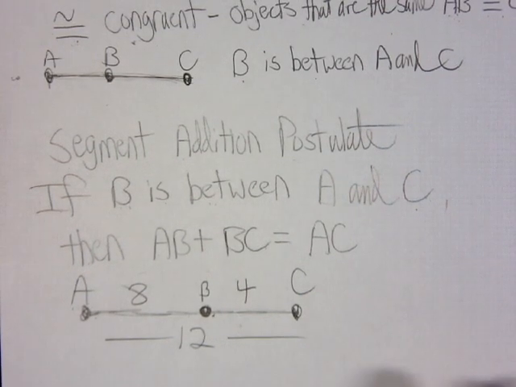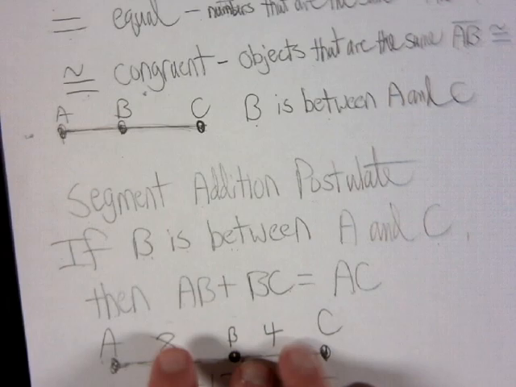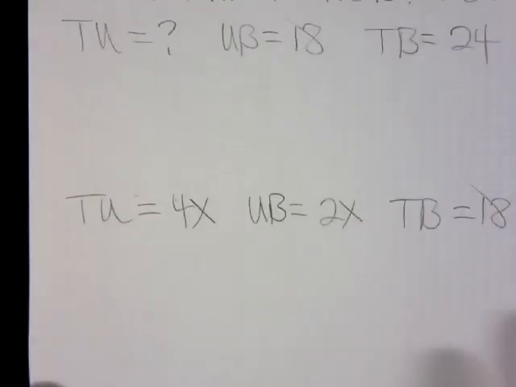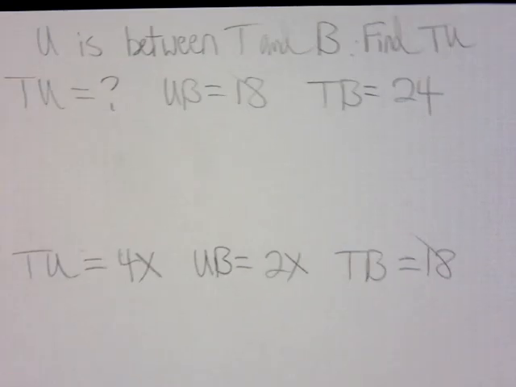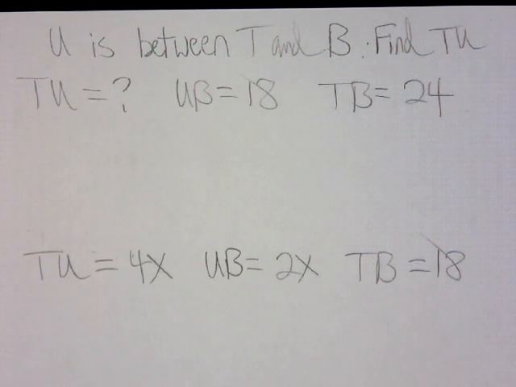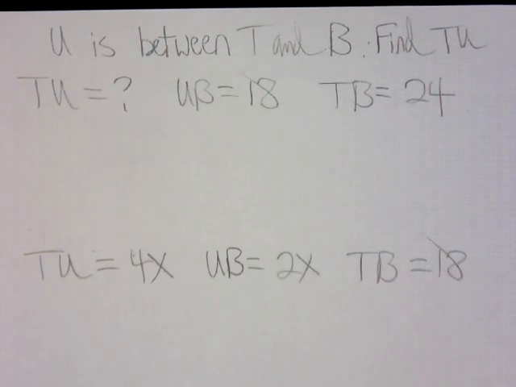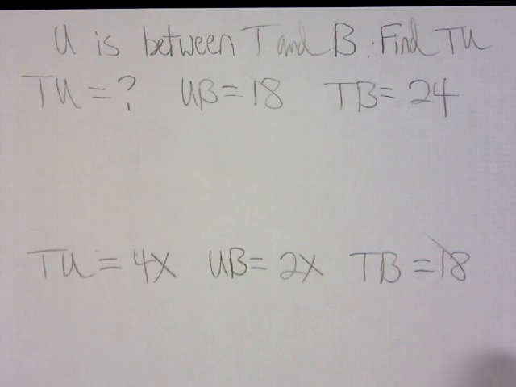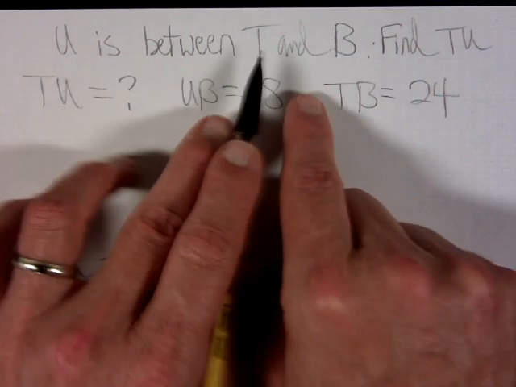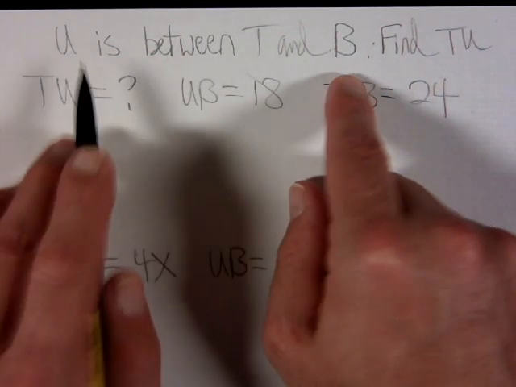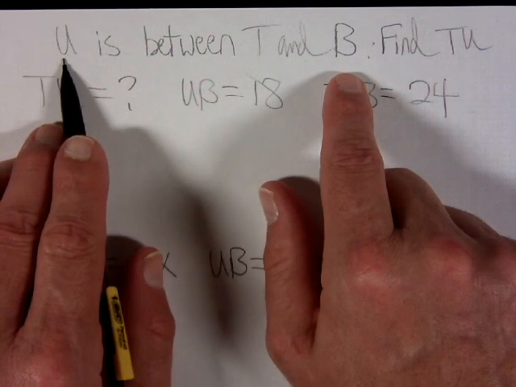Now, let's see if we can use the segment addition postulate to actually answer some questions. So here is the first question. It says U is between T and B. Now remember, when it says U is between T and B, what kind of objects are we talking about?